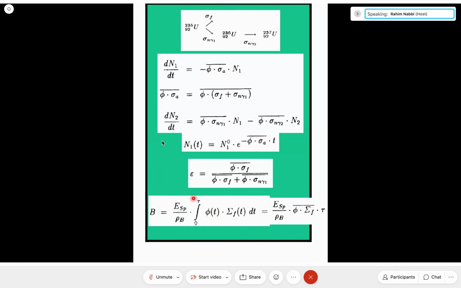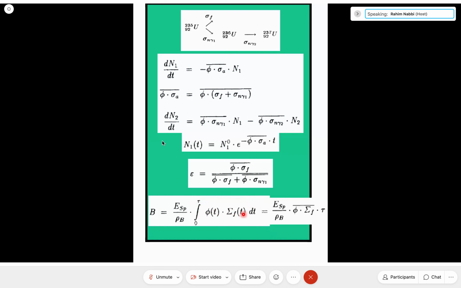So that would be the total number of fissions we have made during a cycle. But important is in 1 cubic centimeter of fuel. In 1 cubic centimeter of fuel. Okay?